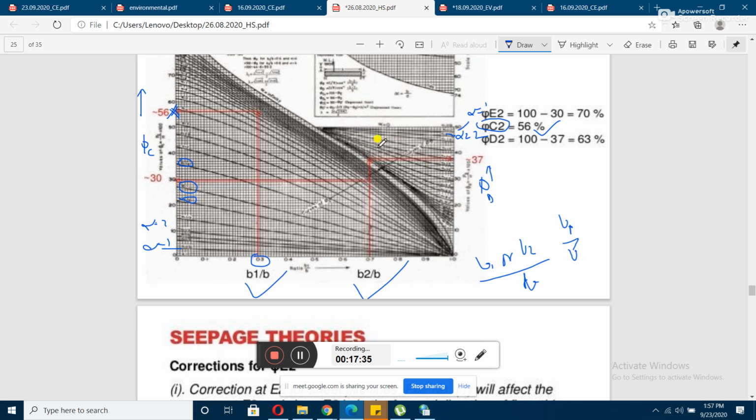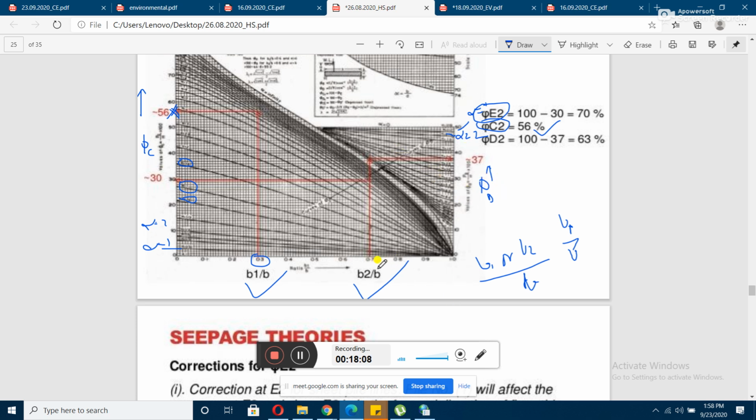This set of curves will be required for phi d value. Just remember this, because this is phi d, this axis represents your phi d value. So this set of curves will determine your phi d value only. Phi e2 won't be determined through this curve, only your phi d, because this set of curves represents your phi d value on this axis.